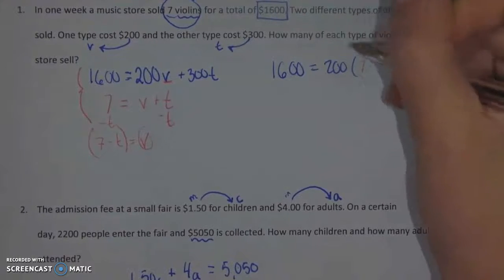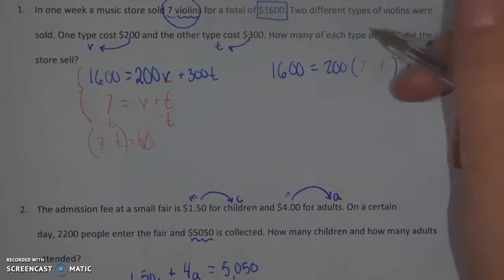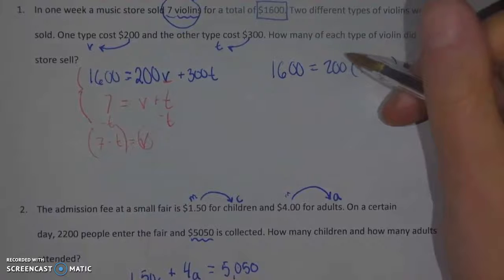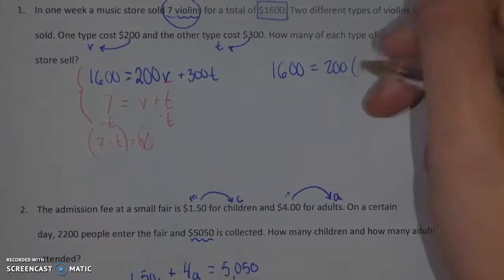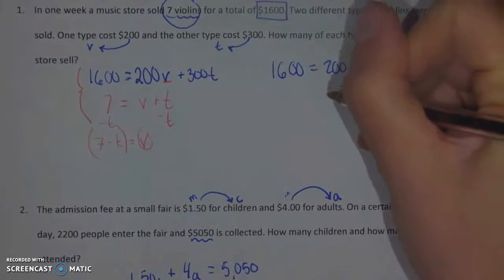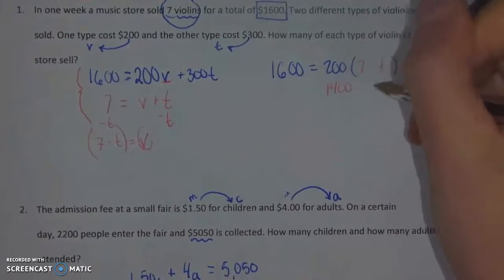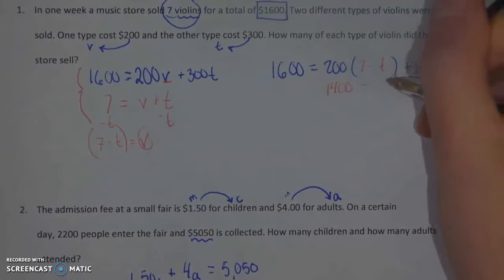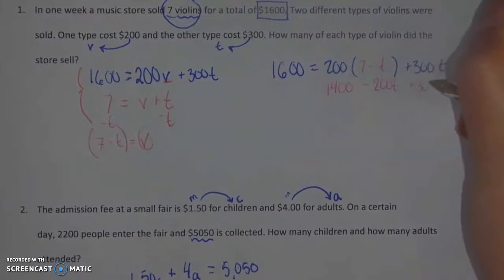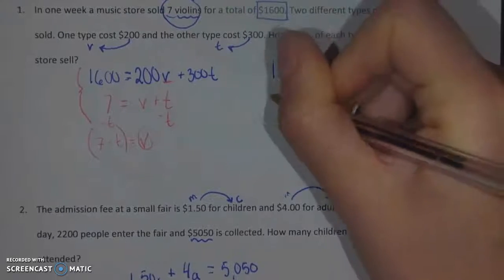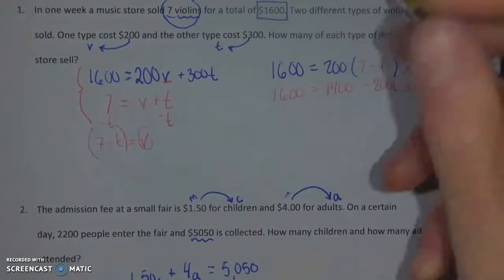Okay, so now I'm going to solve this with some simplification and some distributing here. 7 times 200 gives us 1400 minus, well, this is going to be 200 times t, so 200t plus 300t, and all of this still equals 1600.